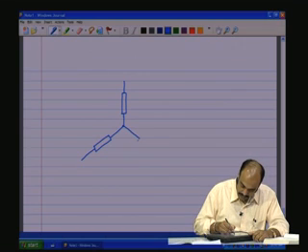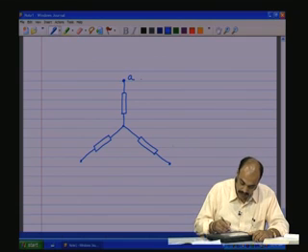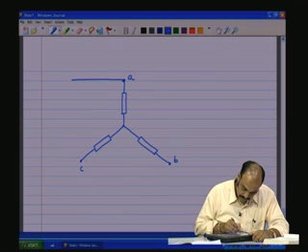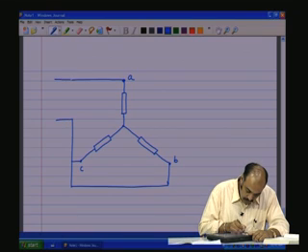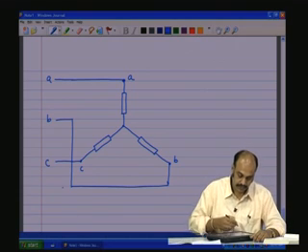So, this is a star circuit or a Y circuit, as it may be called conveniently. So, let us say this is point A, this is point B, this is point C. So, A, B, C are connected to a three phase source.